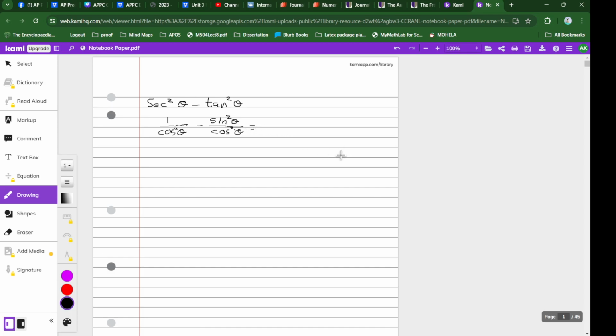Now, looking at this, they have a common denominator. So I can write this as 1 minus sine squared theta over cosine squared theta.